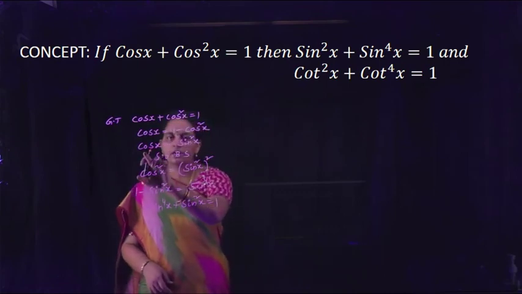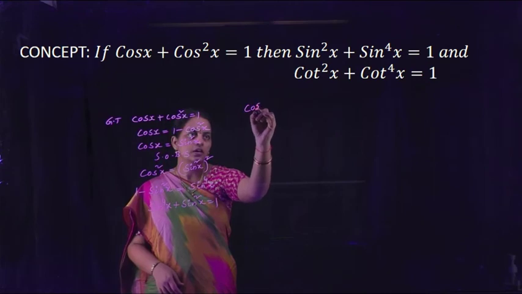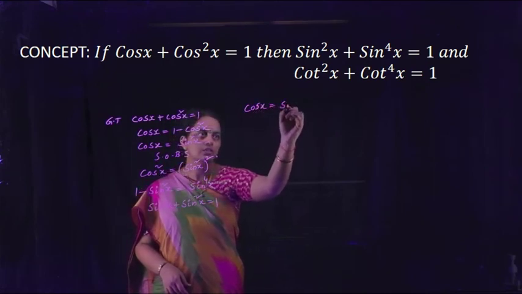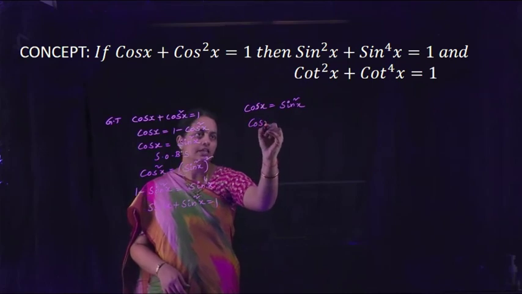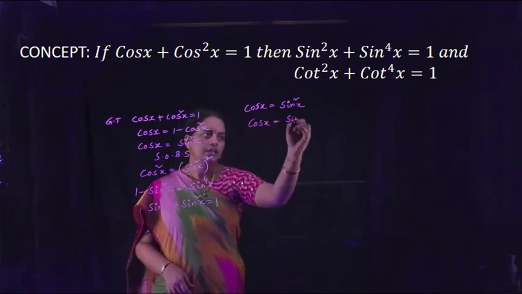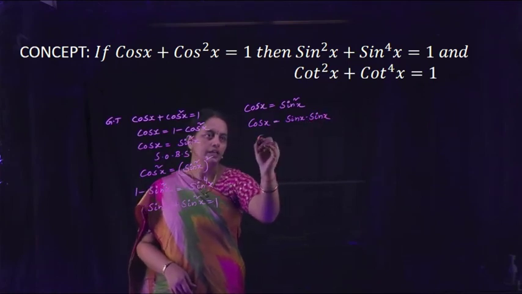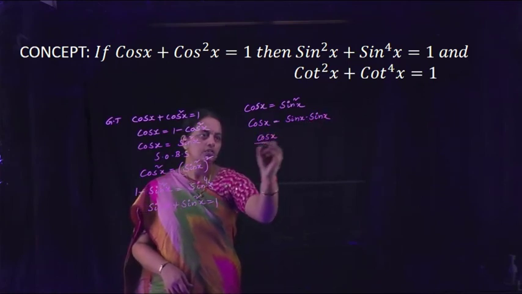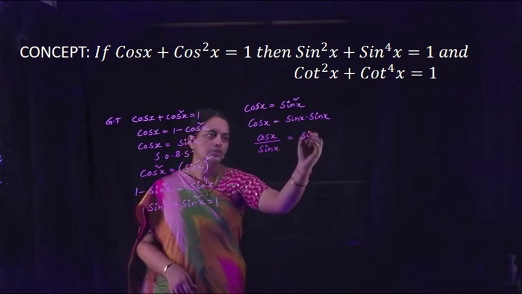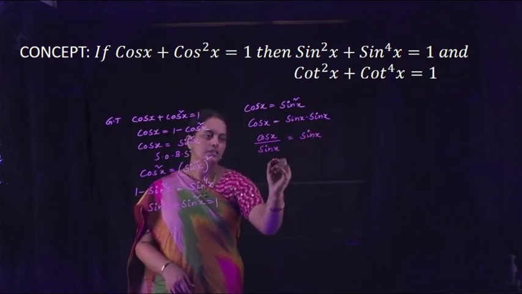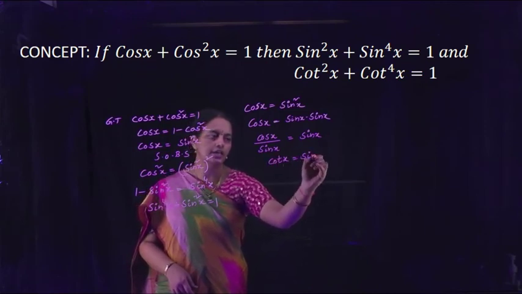Here we get cos x is equal to sin square x. It can be written as cos x is equal to sin x into sin x. From this we can write cos x by sin x is equal to sin x. Cos x by sin x means cot x equal to sin x.